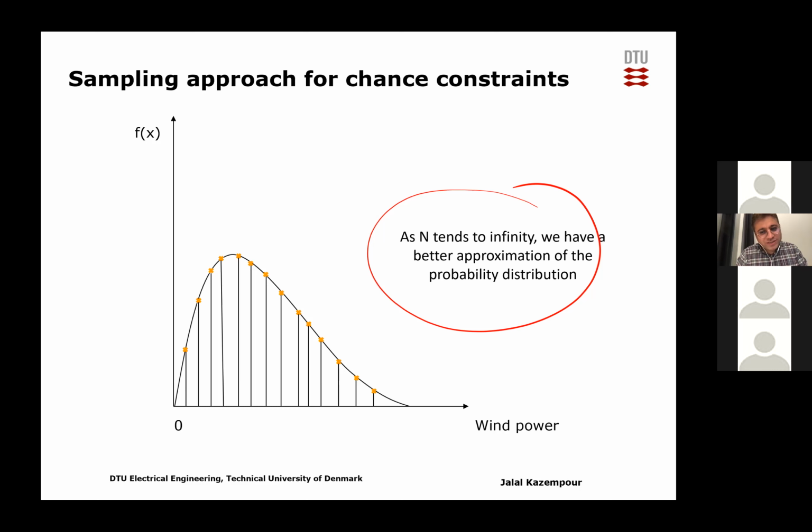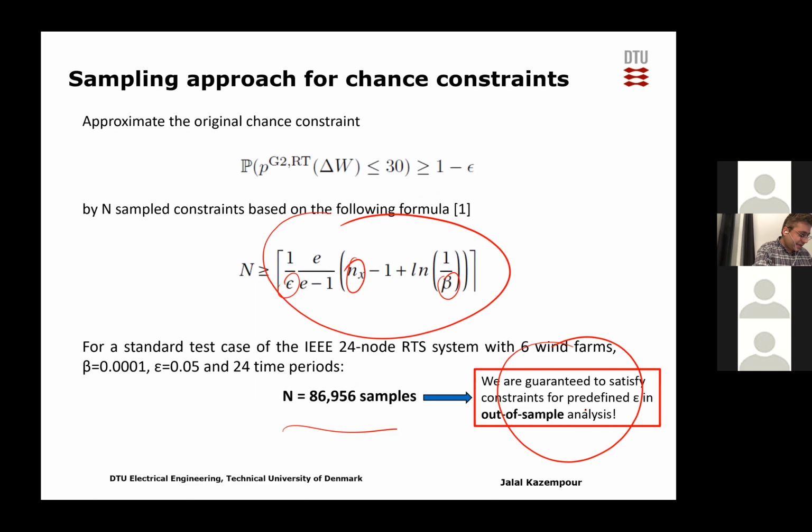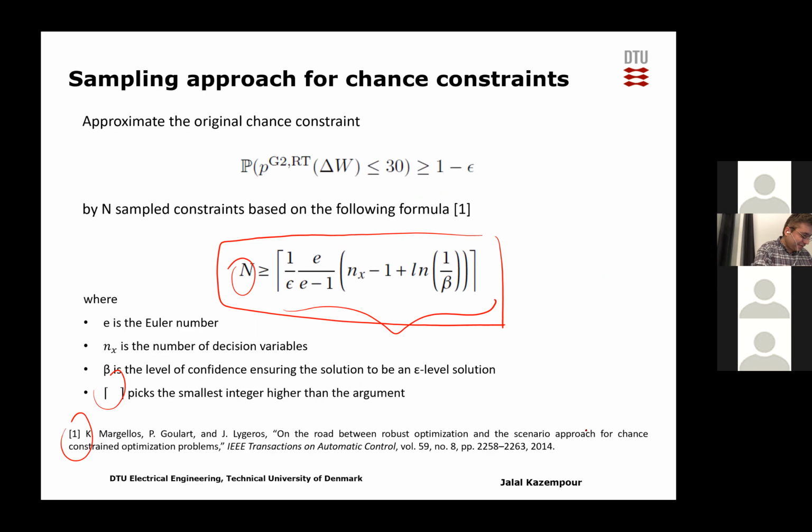Can we solve chance constraint not analytically, not using scenario-based stochastic programming, but using robust optimization? Any clue? If you read the title of the paper, it says "on the road between robust optimization and scenario approach for chance constraint."